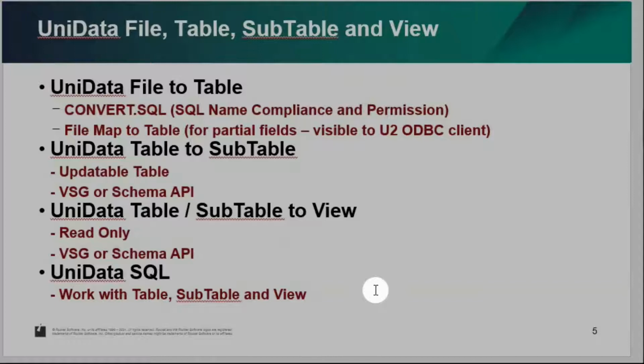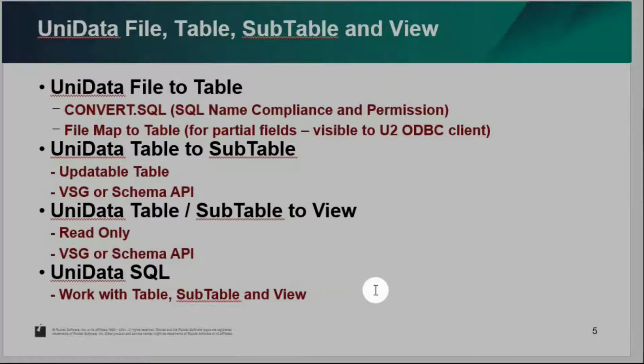After the UniData file becomes a table, you can run UniData SQL commands to select or update whatever you want to see. But most customers are using an ODBC client. They are using a subtable or view.